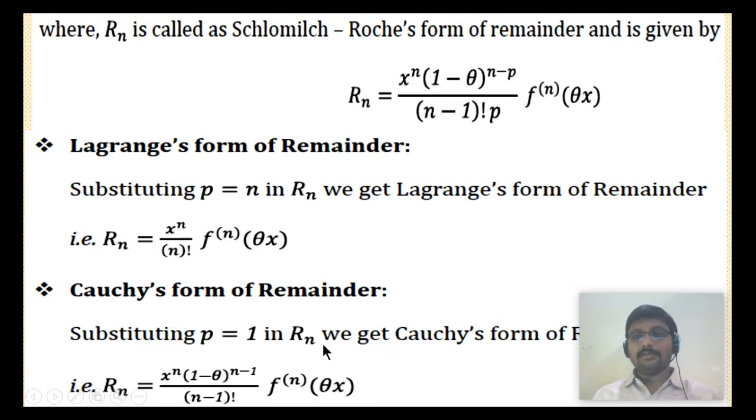Substituting p equal to 1, we get Rn is x power n into (1 minus theta) whole to the power of n minus 1 by (n minus 1) factorial into 1, that is (n minus 1) factorial, f nth derivative at the point theta x. This is called Cauchy's form of remainder. Don't forget, among all these the Lagrange's form of remainder is the important one, that is Rn is x power n by n factorial f nth derivative at theta x.